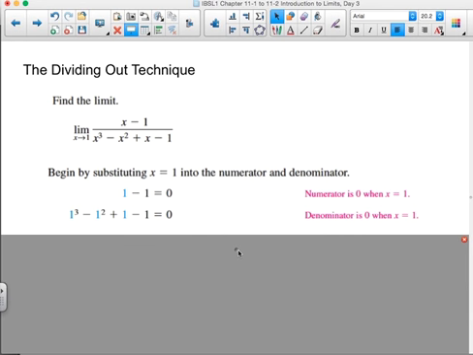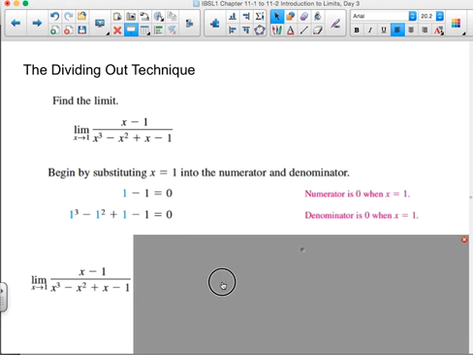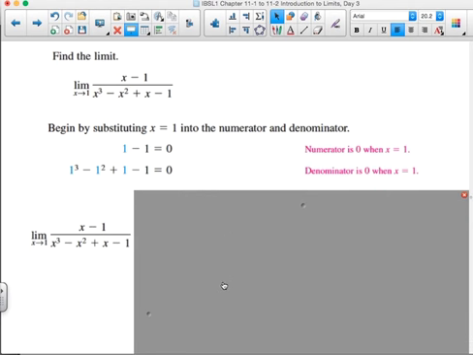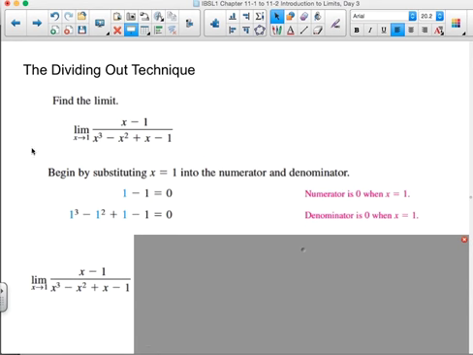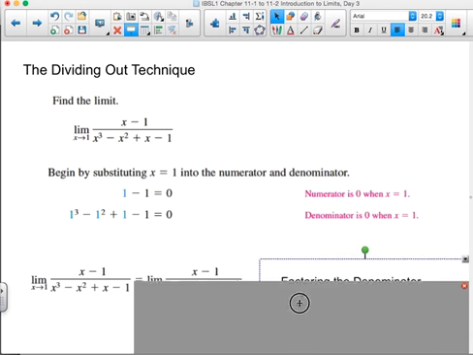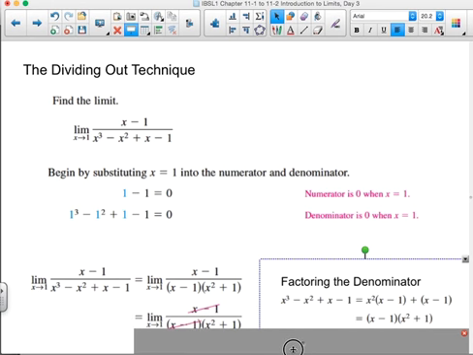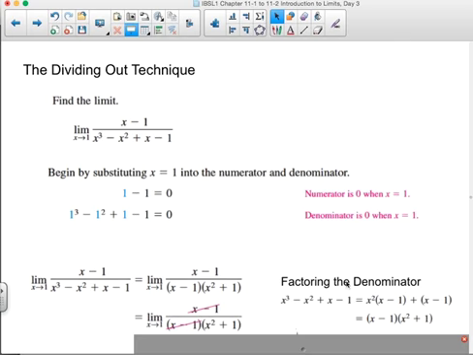So, since we have a binomial in the numerator that can't be factored, we're going to try to factor the denominator, x cubed minus x squared plus x minus 1, by grouping. The whole point of this method is to divide out, in other words, cancel the numerator with a factor of the denominator.